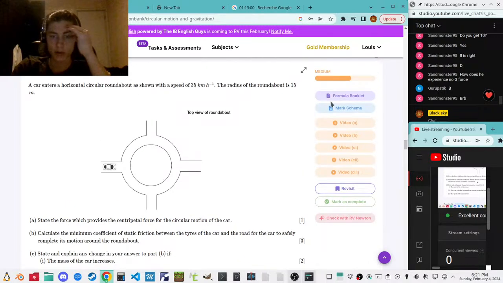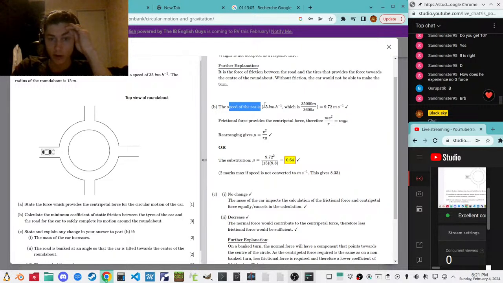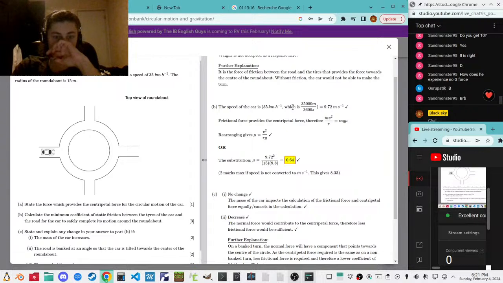Okay, show me, I concede to your tricks. The speed of the car is this, which is this, so you get the speed of the car. Yeah, that's true. The frictional force provides the centripetal force. Therefore, you equate this to, so it was mg. Okay, I was on the right track, I just gave it up too quickly.